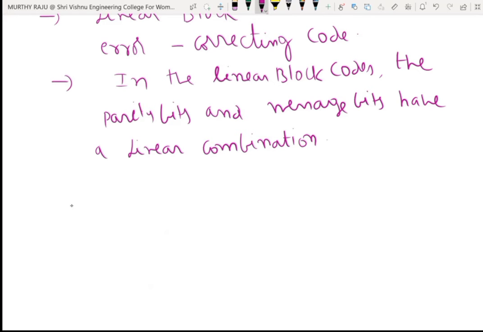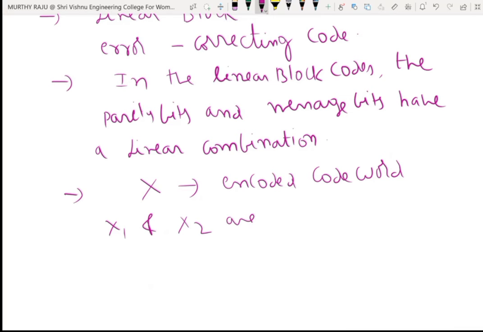Suppose the channel encoder transforms message information into encoded code words. These encoded code words are represented by capital X. Suppose X1 and X2 are two encoded code words.